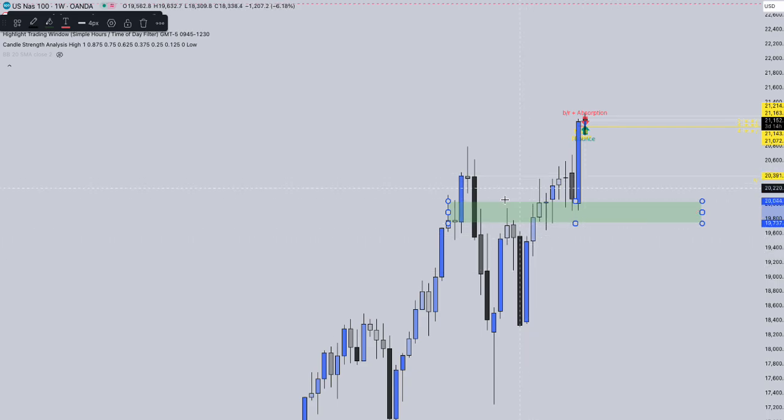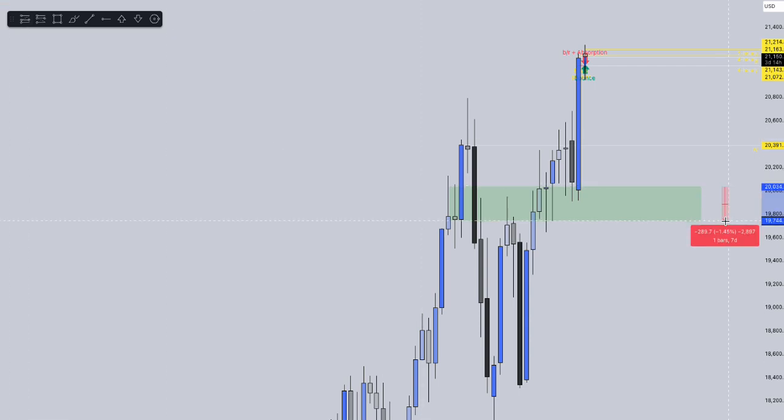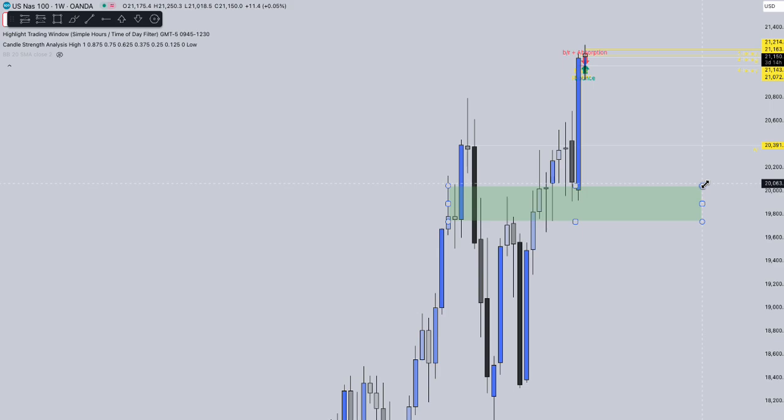Now major support, it was major resistance. Now it's major support. So those areas there, it's where I'm finding there's just too much volatility. It's just not worth it, in my opinion.